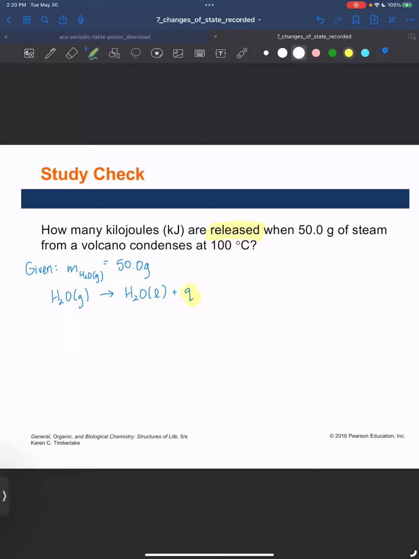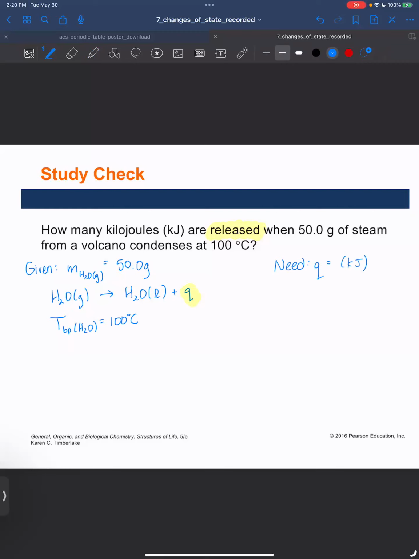And it says condenses at 100 degrees Celsius, but I know that's simply the boiling point of water. It's not going to be plugged into the formula. It's just part of the experimental conditions to do this measurement. We need to figure out kilojoules of energy.